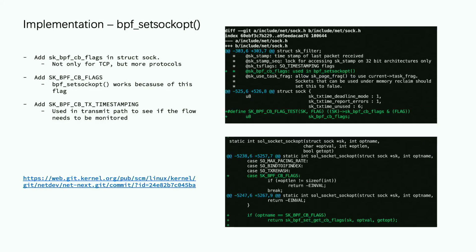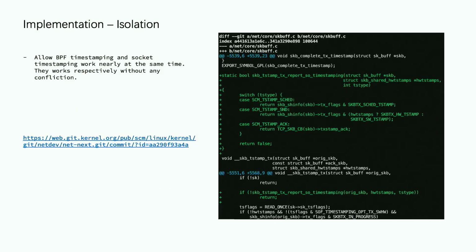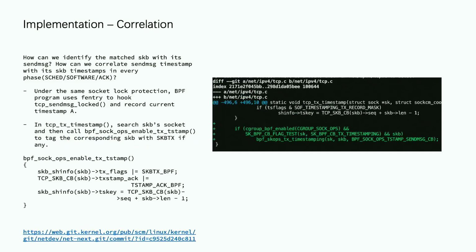And isolation. Isolation means we support those 2 modes of timestamping working in parallel. It means that if the application enables socket timestamping by setsockopt, that does not mean we cannot use the BPF program to enable the BPF extension. And the correlation.